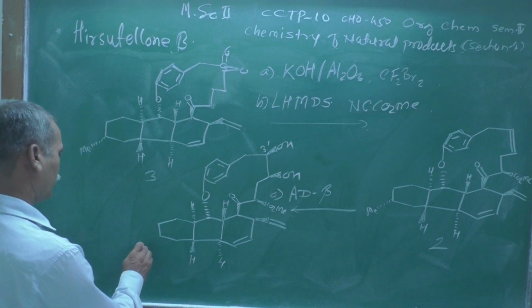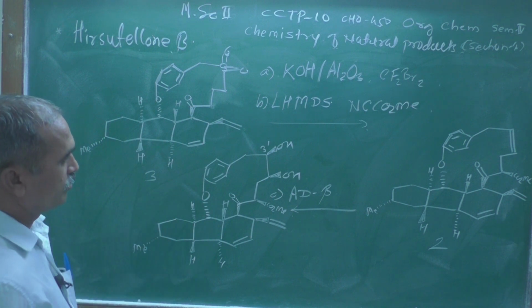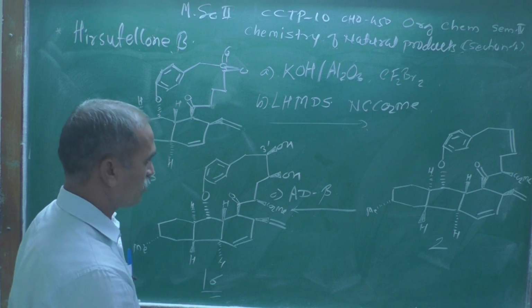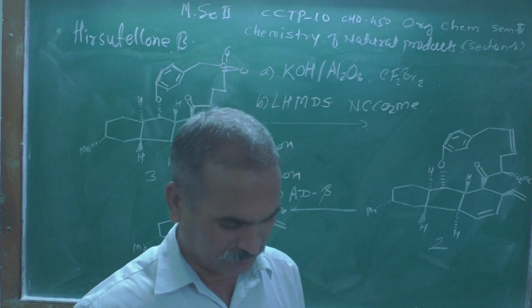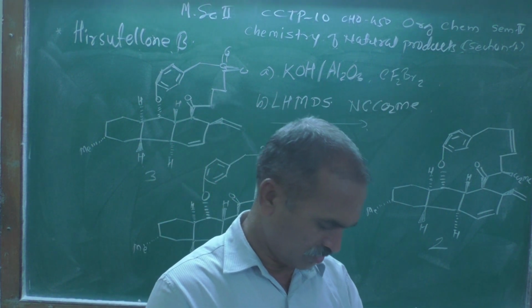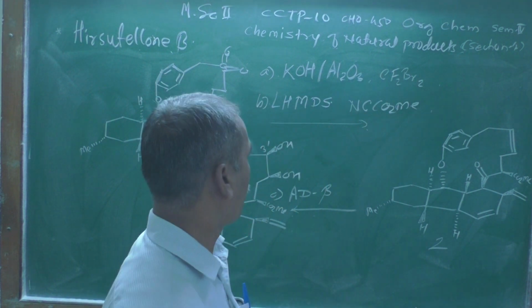The methyl group remains throughout at this position, and this structure is nothing but structure number 16, which is different from the other one, and that's why we got this structure as number 16.